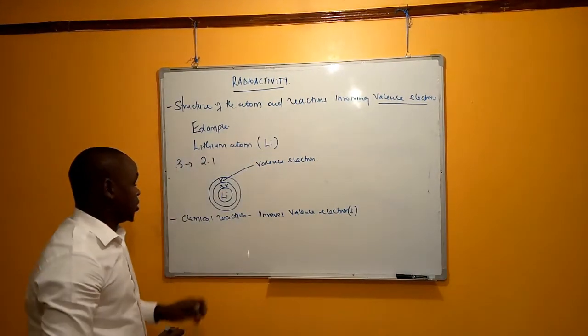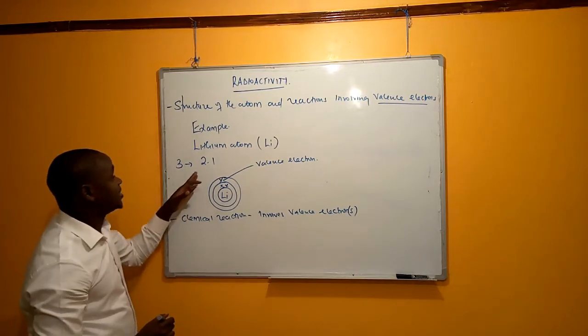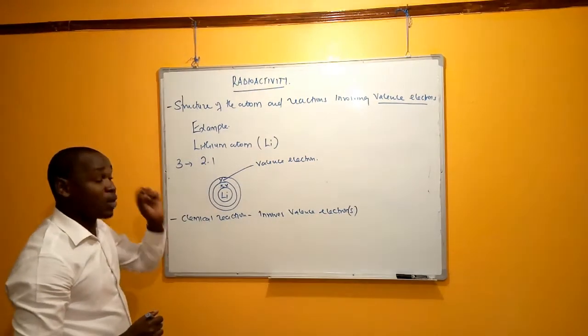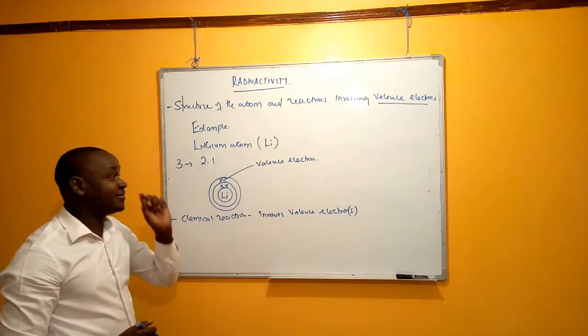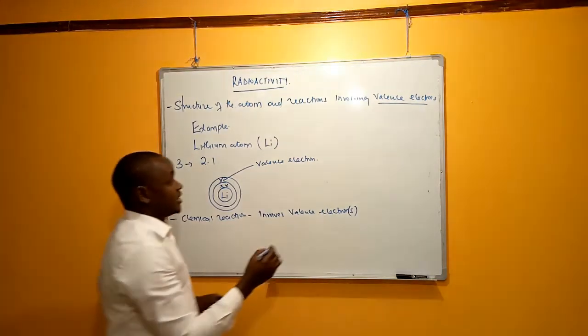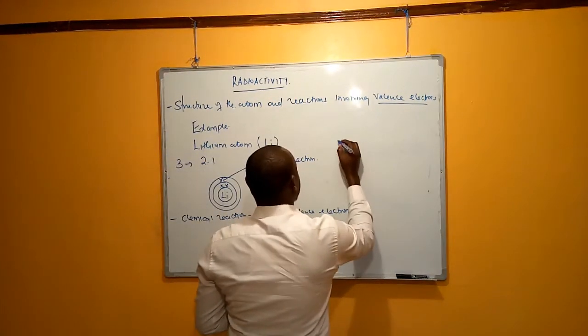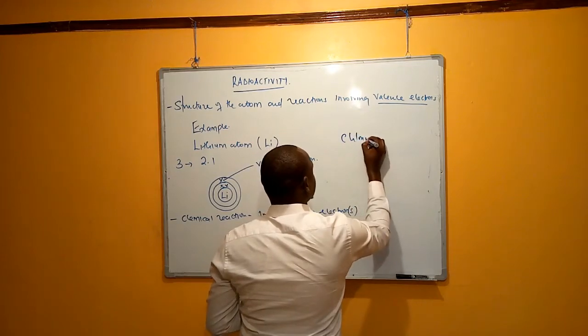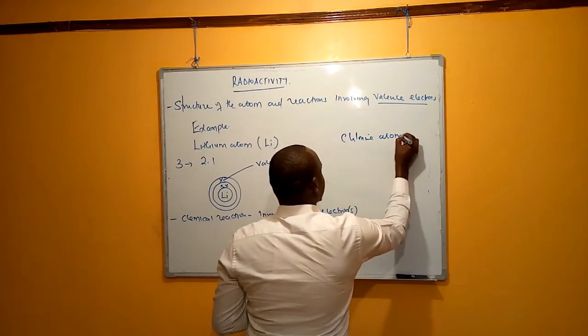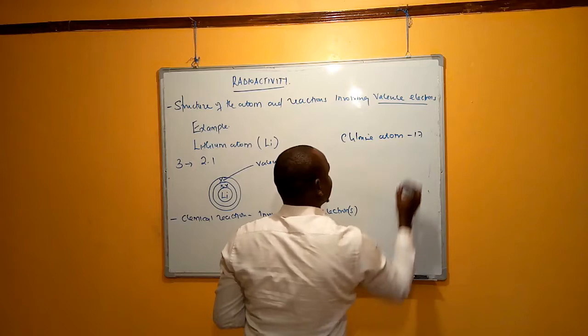And learner, you can now come up with different atoms and identify their valence electrons. For instance, take another atom like chlorine.